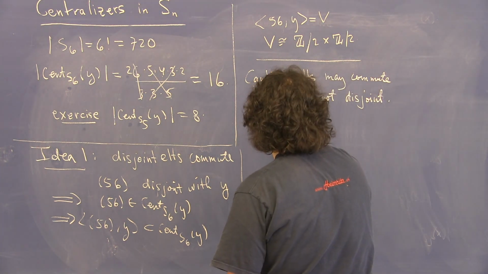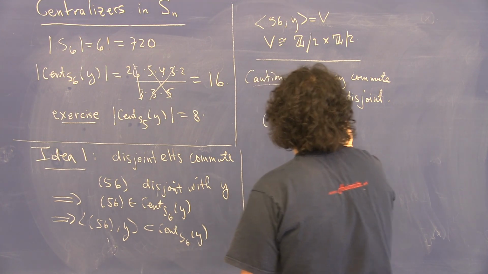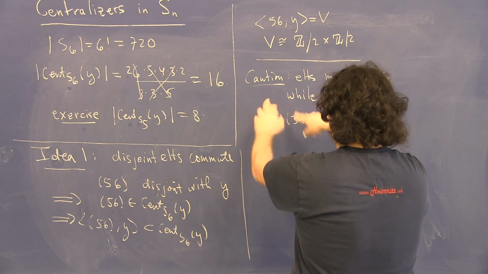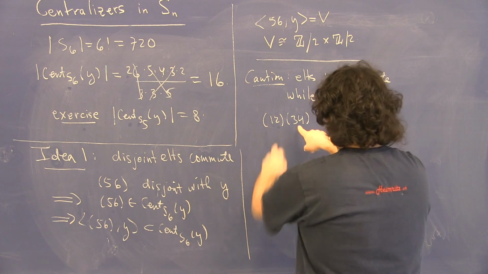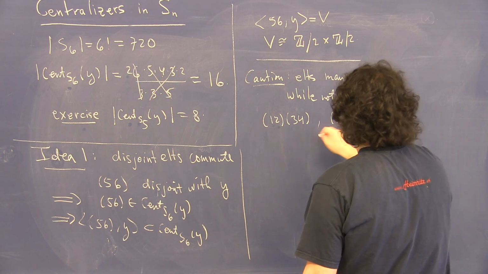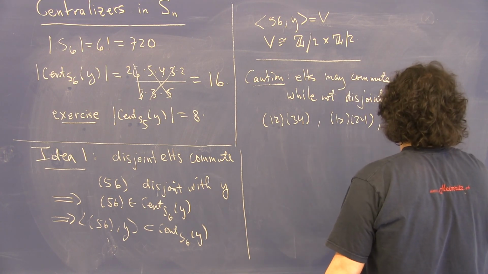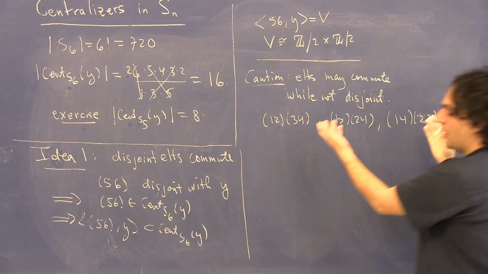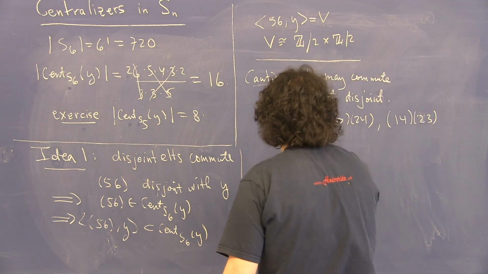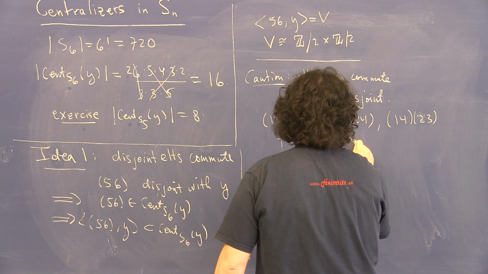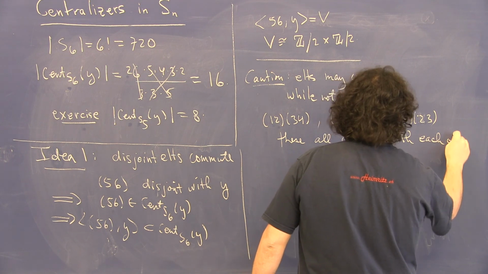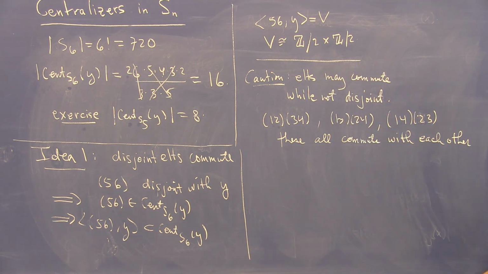If you try multiplying out (1 2)(3 4), which is y, and you take these 4 numbers, but you now permute them in a different way to get another product of 2 disjoint transpositions, like (1 3)(2 4), or the other way I can do it is (1 4)(2 3). So these are the 3 elements of type (2,2) in S4, and you check these all commute with each other.